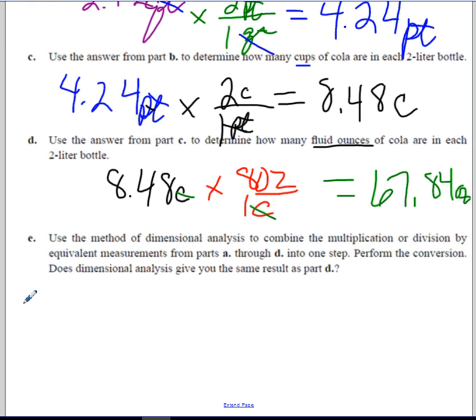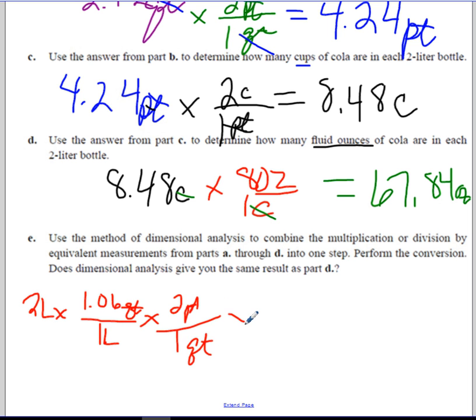So we have 2 liters times 1.06 quarts per 1 liter times 2 pints in 1 quart times 2 cups in 1 pint times 8 ounces in 1 cup.